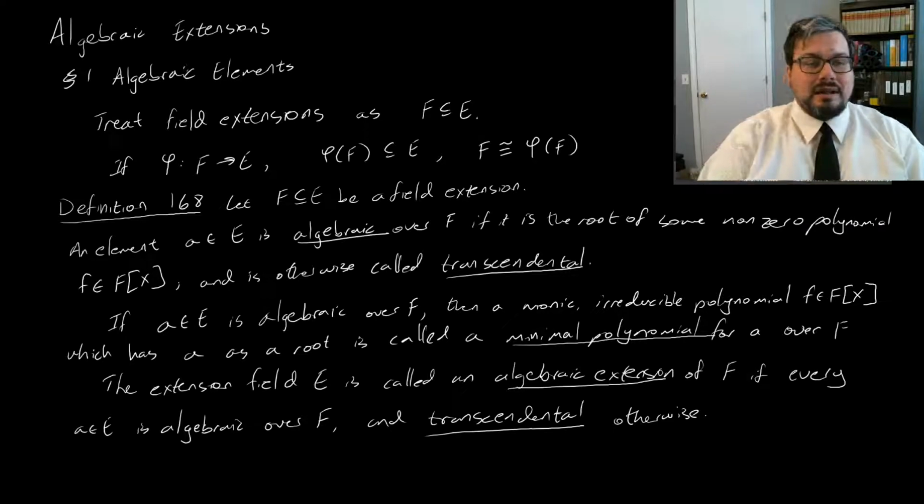So let's look at some examples. Let's look at the field extension Q contained in R, the rational numbers contained in the real numbers.